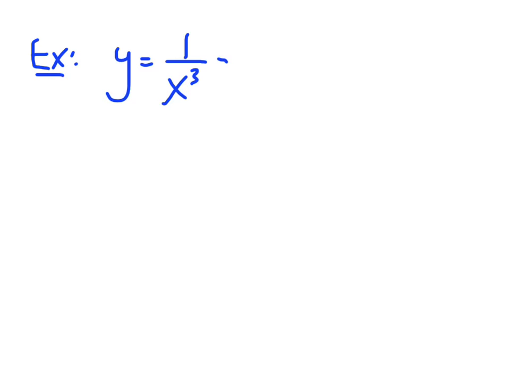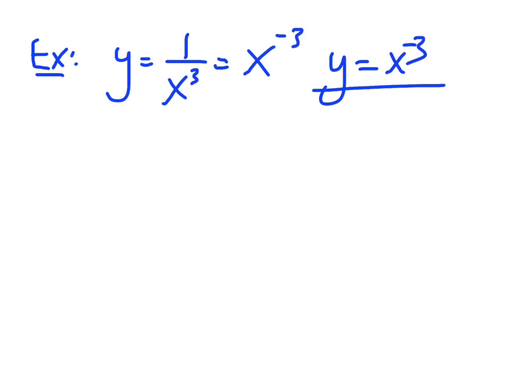So one way we can write this to make it look more like something that we just dealt with would be to change the exponent. So since it's 1 over x to the 3, we can write this as x to the negative 3. And that makes life a lot easier if we can do that. So then we can just take the derivative like normal. So what I have is y is equal to x to the negative 3.